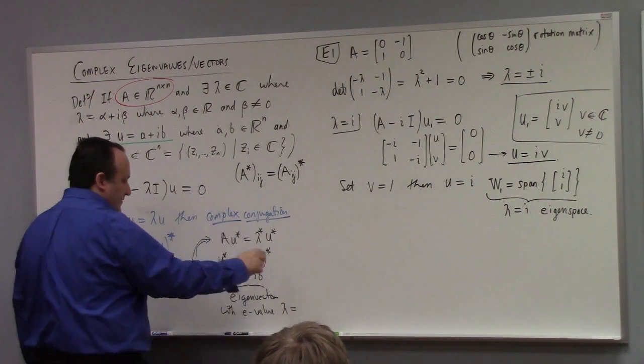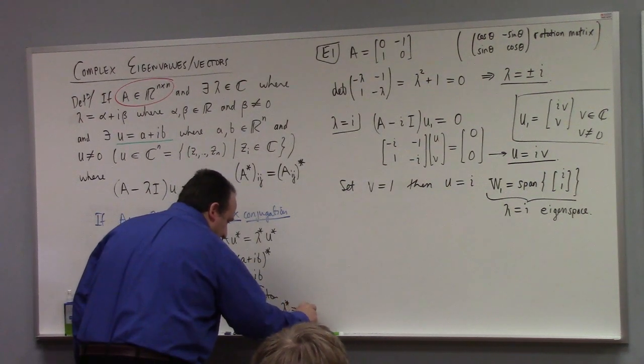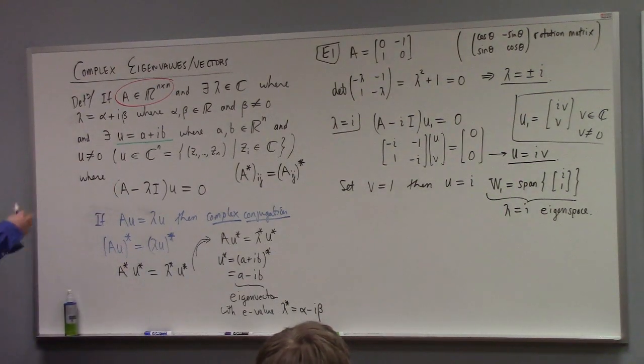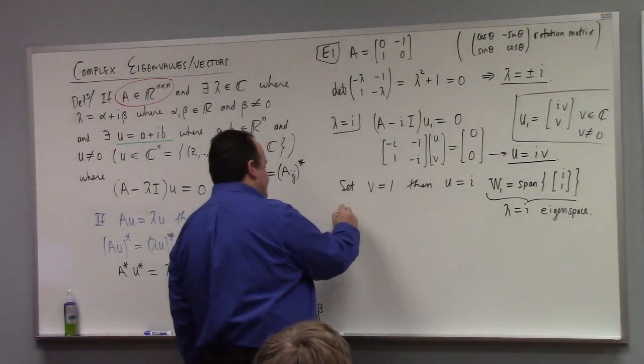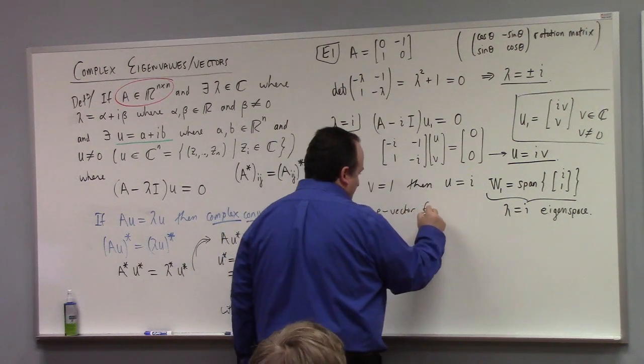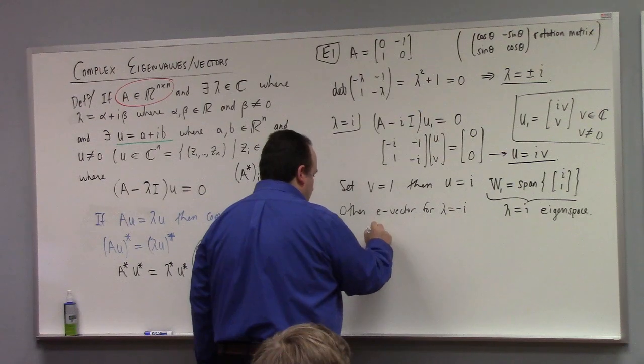So like lambda star, right? In terms of the alpha beta, that would be alpha minus i beta. So for my example 1, I don't need to work out the lambda equals minus i problem separately, right? The other eigenvector for lambda equals minus i is u1 conjugate.